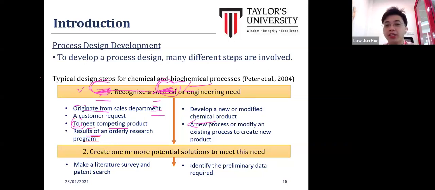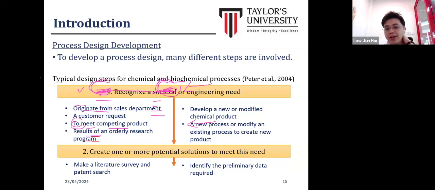Based on the patent search, it can also provide you some very important information to assist you to initiate the design for the chemical plant that you are going to design in step number 1.